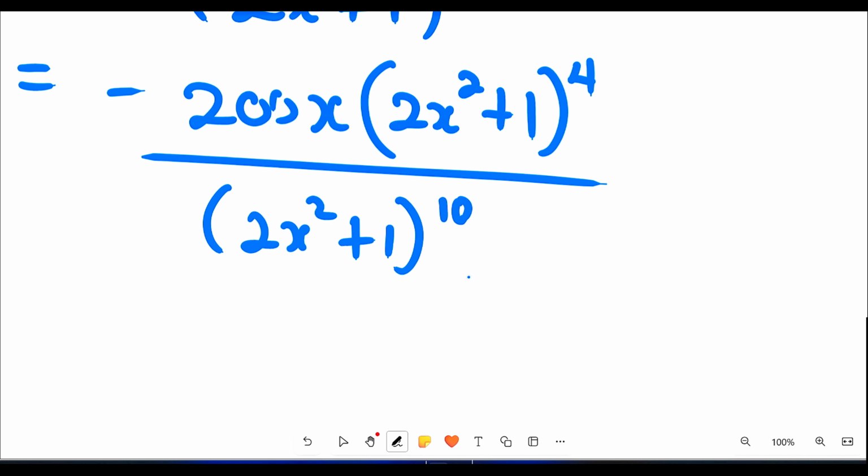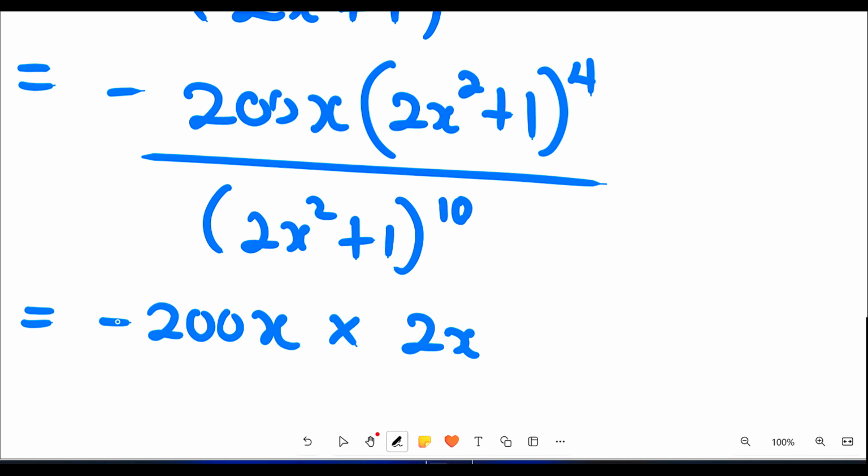So we are going to get for negative 200x multiplying (2x squared plus 1), then it's going to be power 4 minus power 10 because they are divided. So it's going to be the power of the 1 in the numerator minus the power of the 1 in the denominator. So it's going to be 4 minus the power 10.